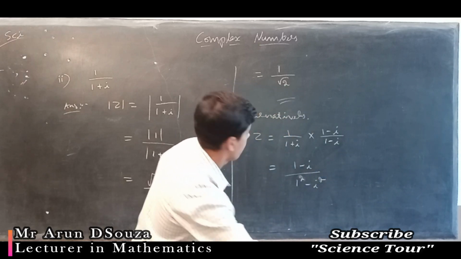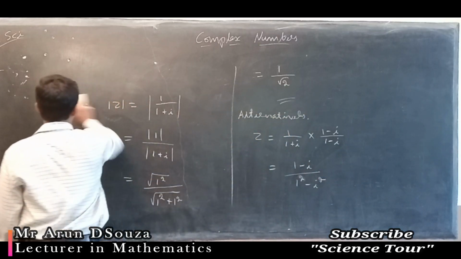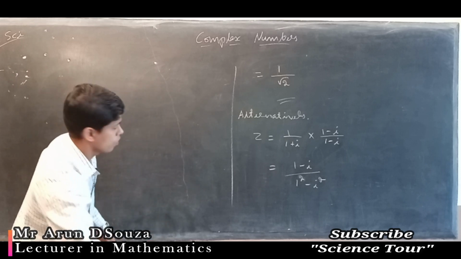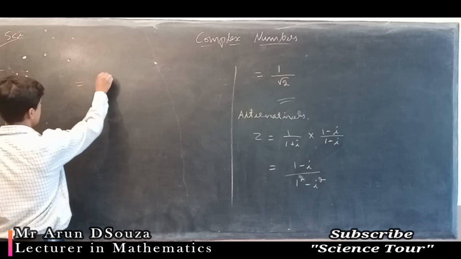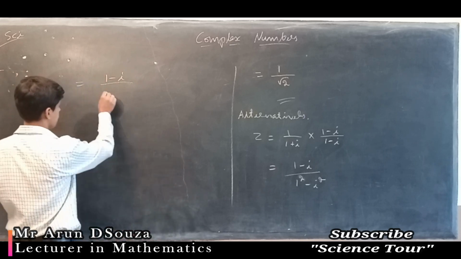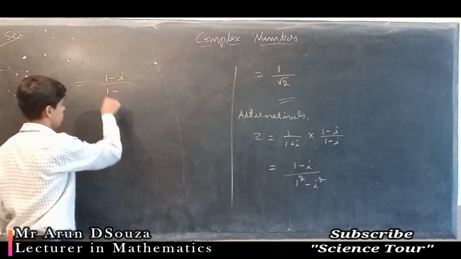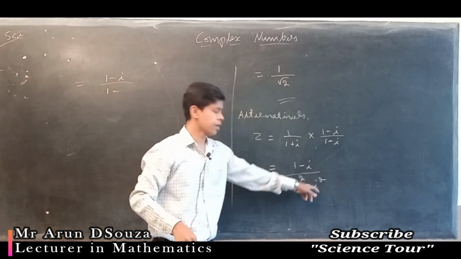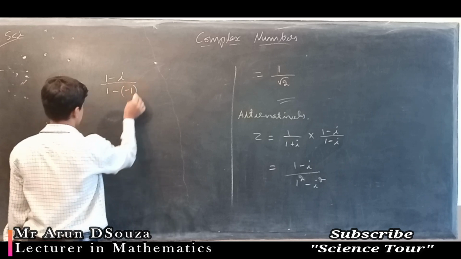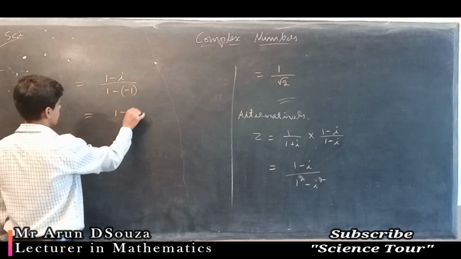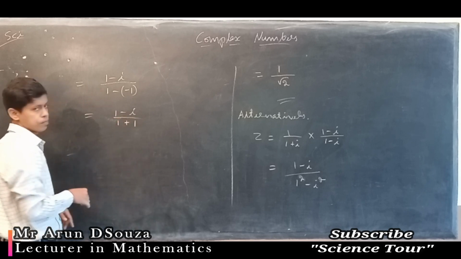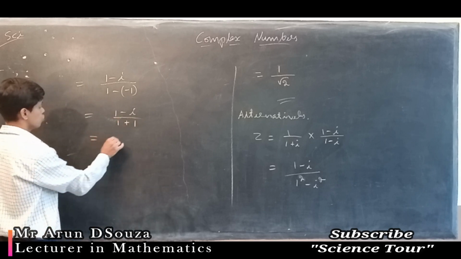So what do you get? You will get 1 minus i in the numerator, and in the denominator, 1 square, and i square is minus 1, right? So this is 1 minus i divided by 1 plus 1, which is 2.